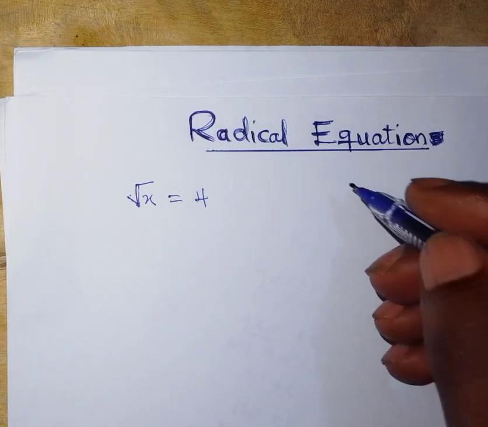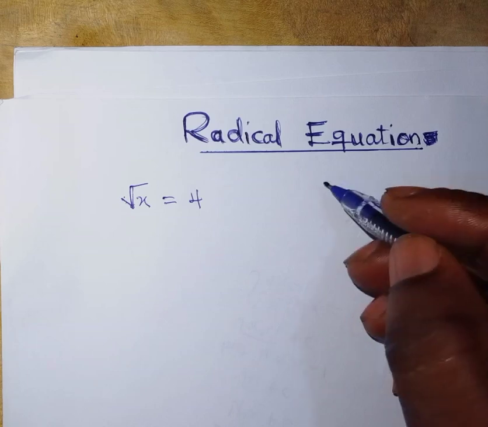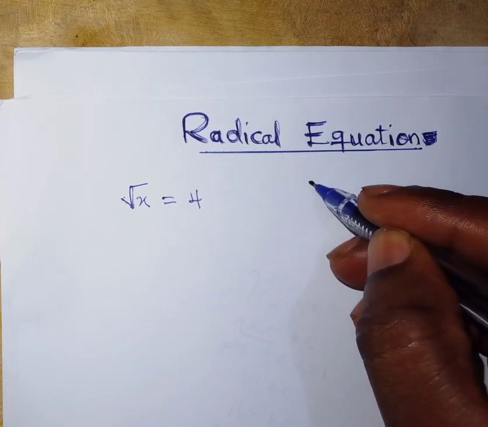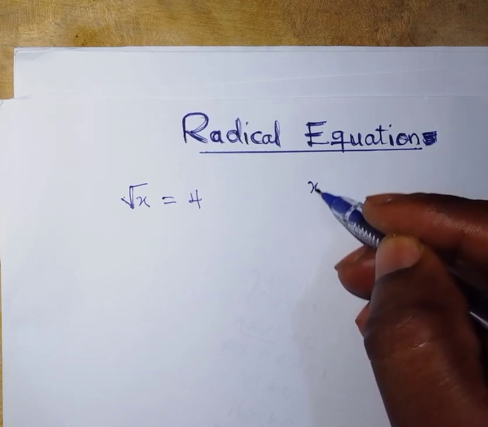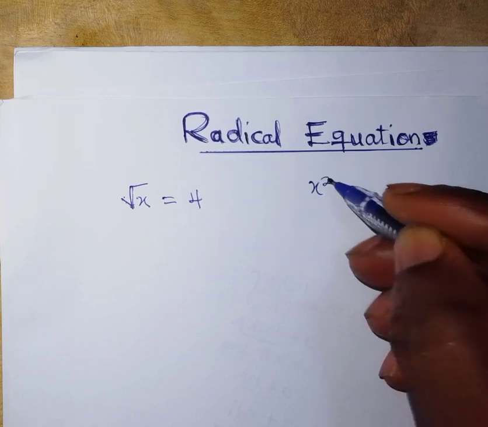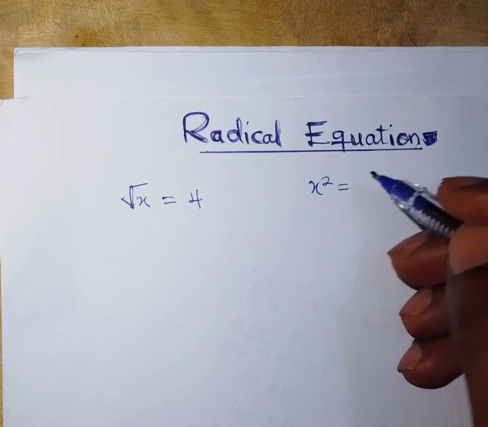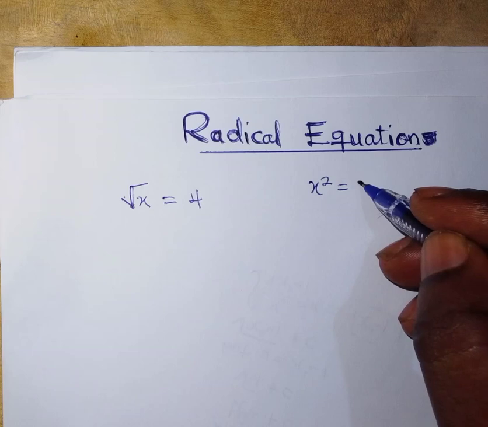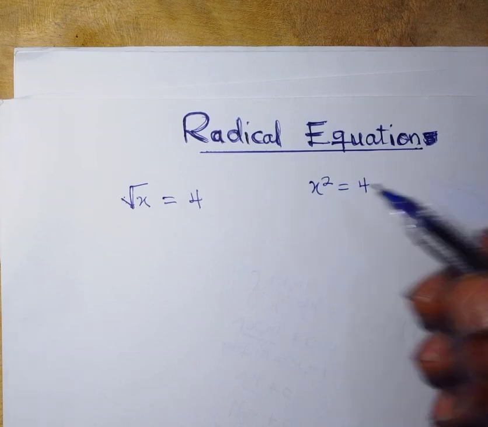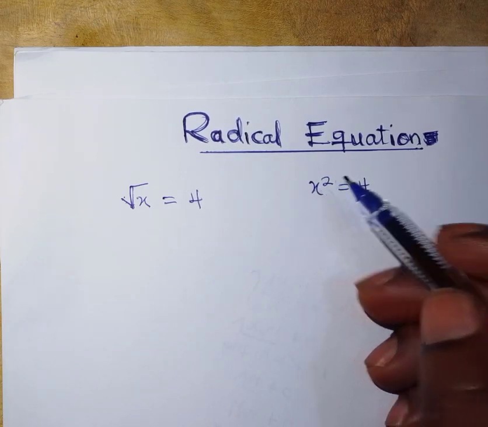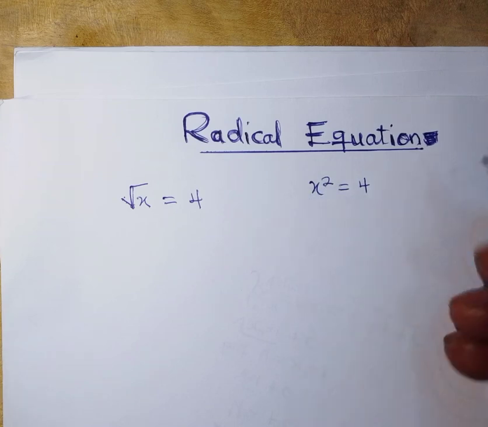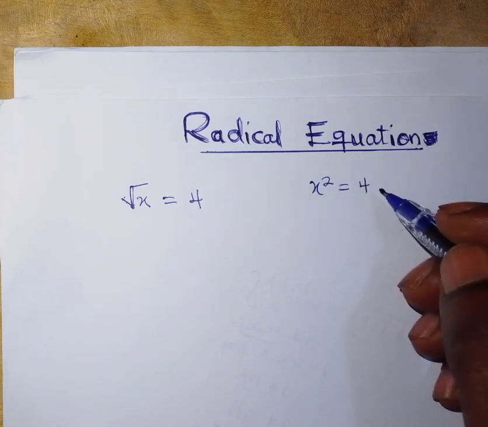If I give you x squared is equal to 4 and ask you to find the value of x, when it is squared, you have to take the square root of both sides.